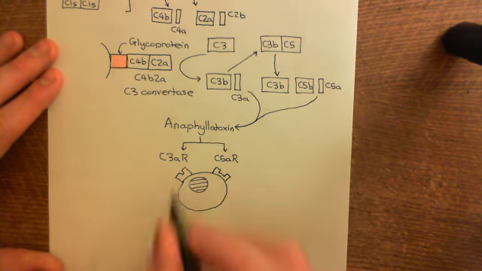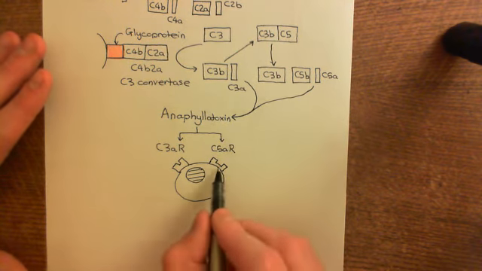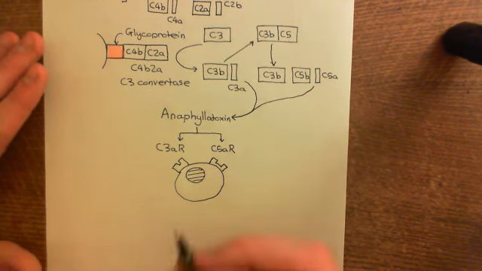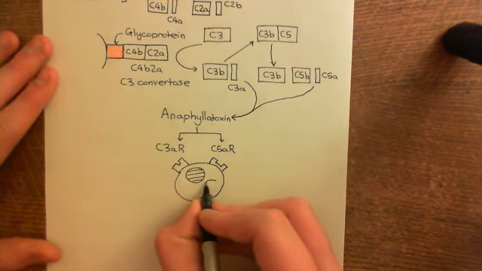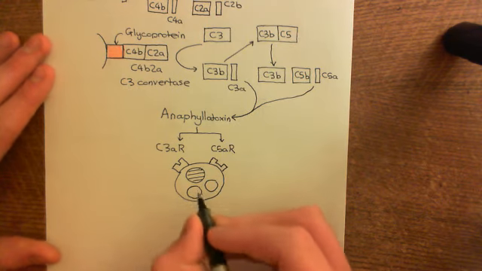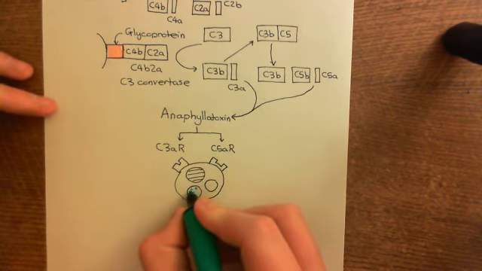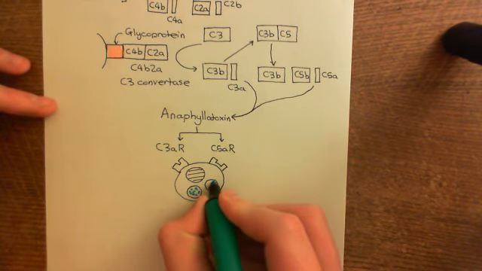And C3a is going to bind to the C3a receptor and activate it, and C5a will bind to the C5a receptor and activate it. And when these receptors are activated, it will lead to the activation of the mast cell, and the mast cell will then degranulate. It will release the histamine granules, which will release histamine into the interstitial fluid.